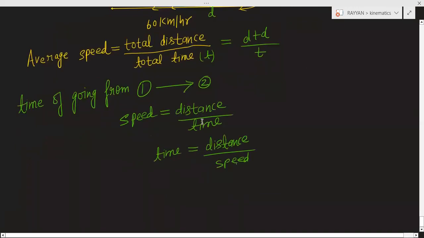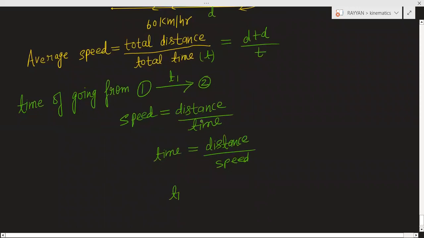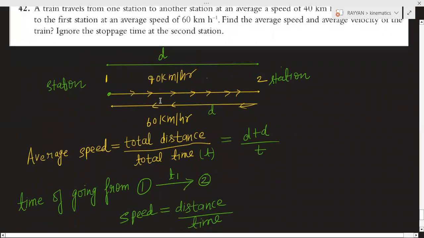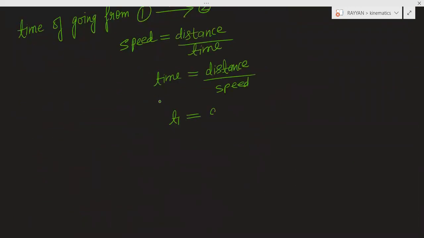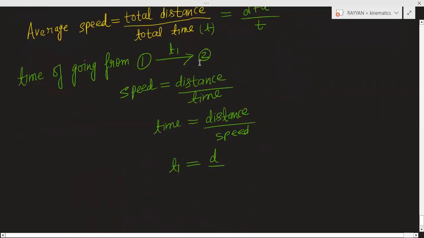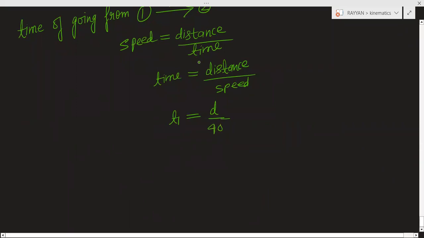Now suppose T1 is the time in going from station 1 to station 2. What is the distance the train is covering in going from one station to the other? That is D. And with what speed is the train moving? With 40 km per hour. So T1 is D by 40, where D is in kilometers.